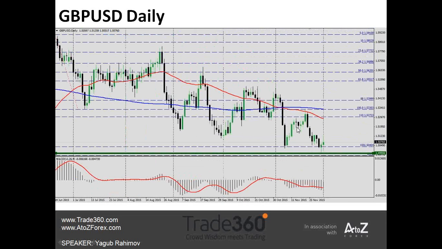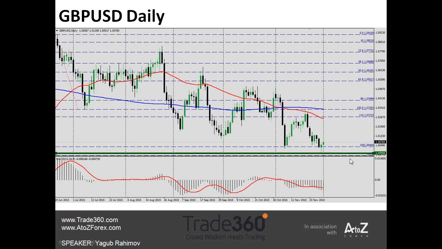The market has literally touched the previous support zone, and also the overall 1.50 psychological support zone as well, and reversed onwards. This happened yesterday.